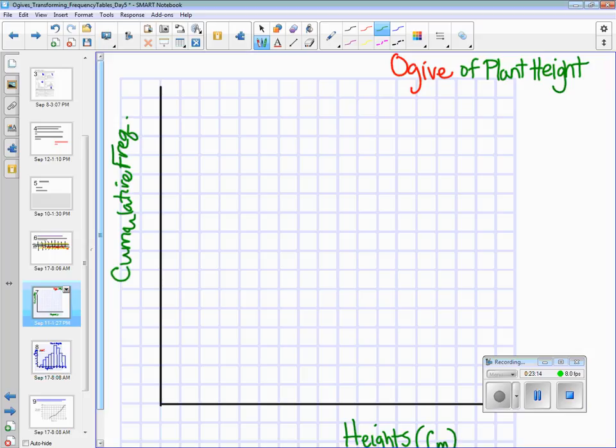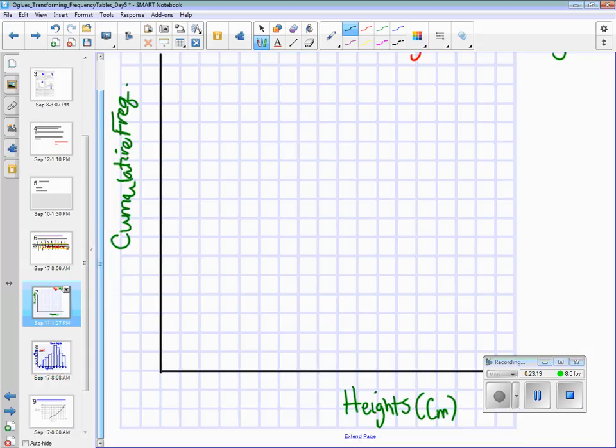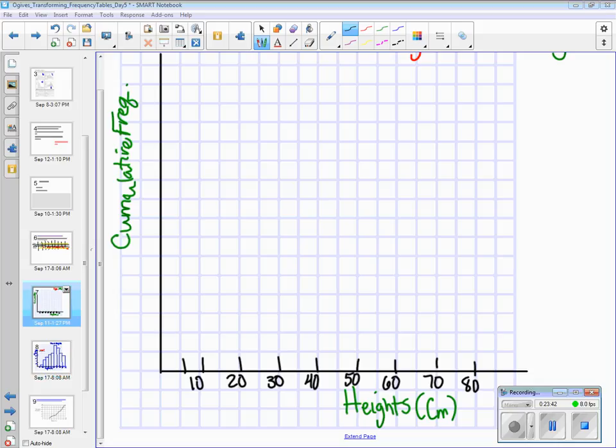So I need to label my axes. Again, my bins went from 10 to 100, so I'll do the same thing again. And then the cumulative frequencies went from 1 to 80, right?